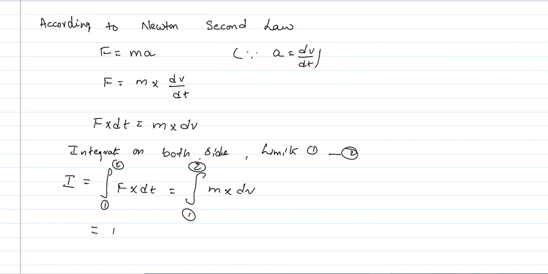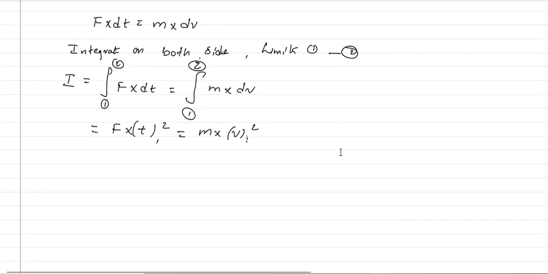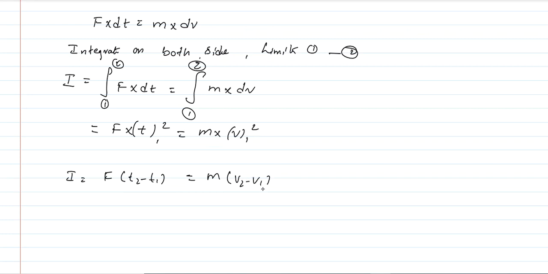So that is equal to F into t under the limits 1 to 2, and m into d with respect to velocity, so that is integral dv is equal to v under the limits 1 to 2. Finally, I is equal to F into t2 minus t1 is equal to m into v2 minus v1.